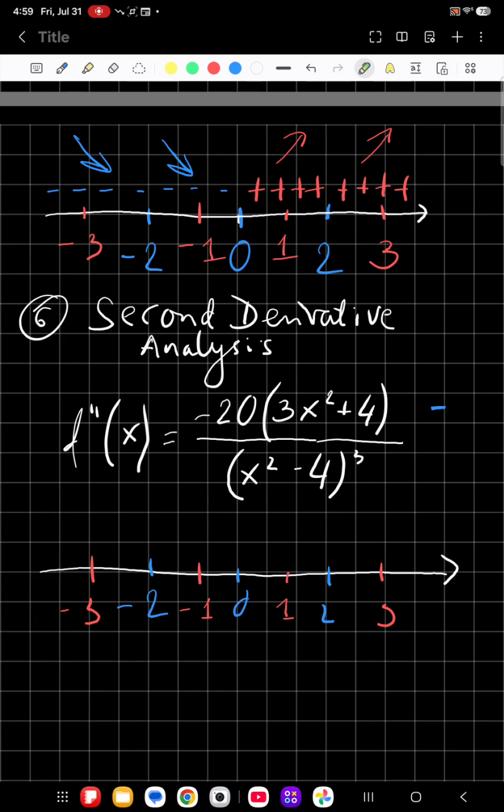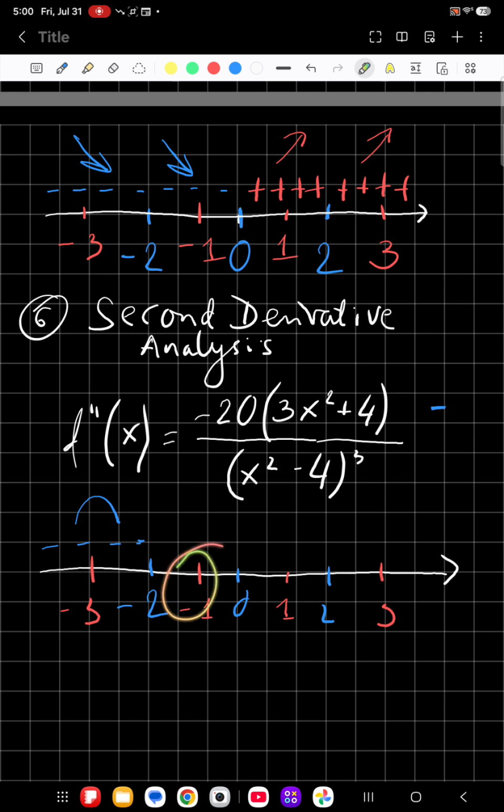So -3, the top is always negative. The bottom is going to be, in this case, positive. So negative over positive, so that's going to be negative. Negative was blue, I believe. Okay, so we have negative, and we're testing the second derivative, so negative was concave down. Then we have -1, and we're testing this interval.